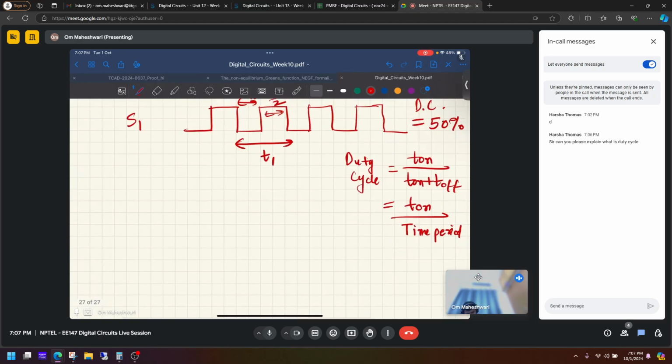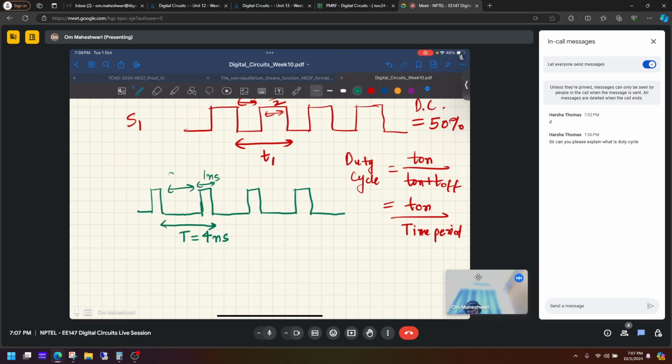Let me draw another example signal where duty cycle is somewhat different. So maybe this is the signal. Again, if you see, the time period is this, right? Let this time period be 4 nanoseconds. But you can see the on period here is only 1 nanosecond. It is off for 3 nanoseconds.